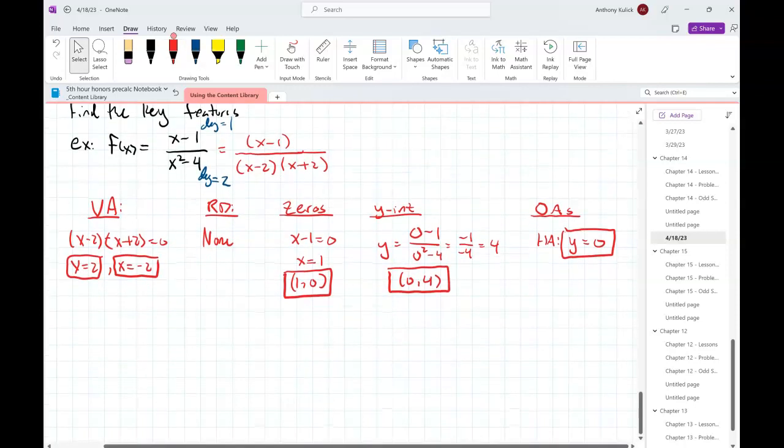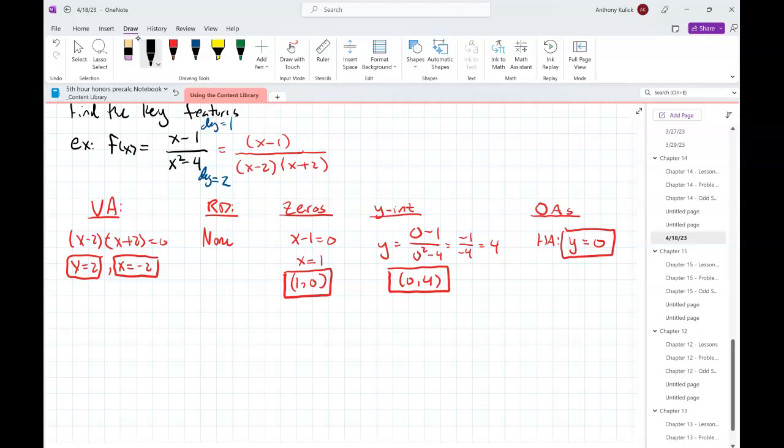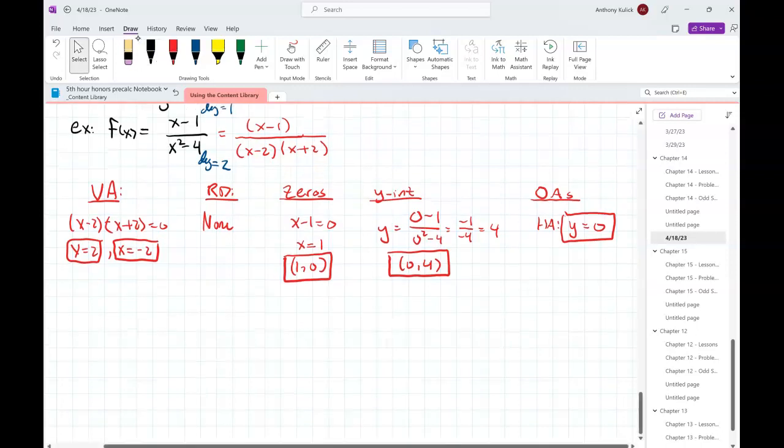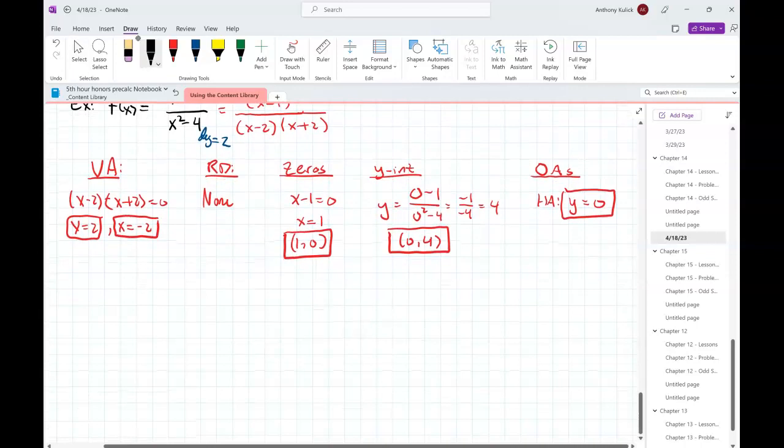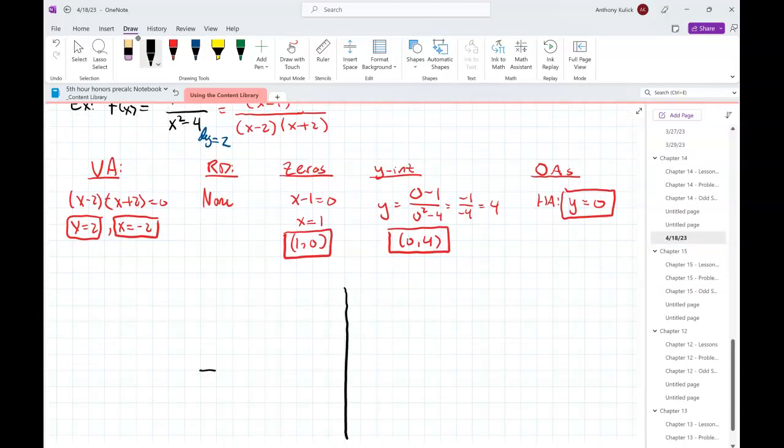Okay. Now, technically, I should be able to take this information and maybe do a little bit more analysis, but I should be able to come up with a graph of this pretty reasonably. So I'll sketch something out here. But I will probably have to do a little bit of end behavior checking.